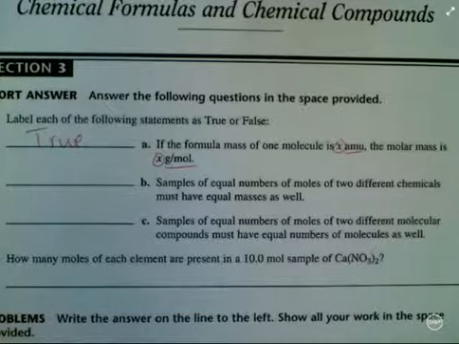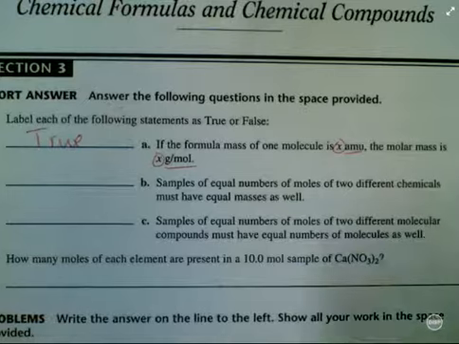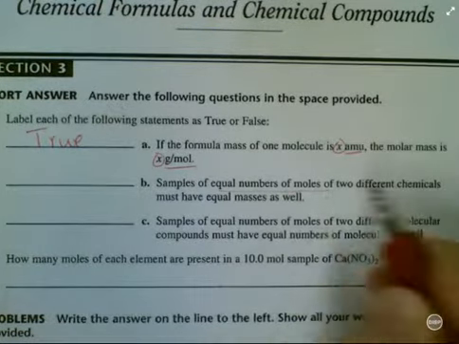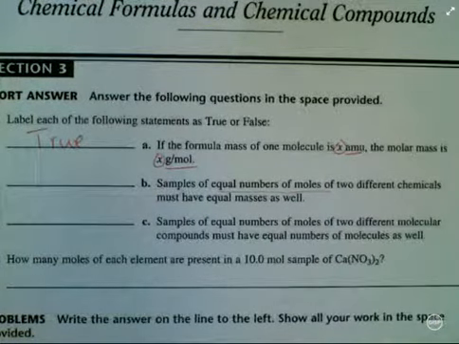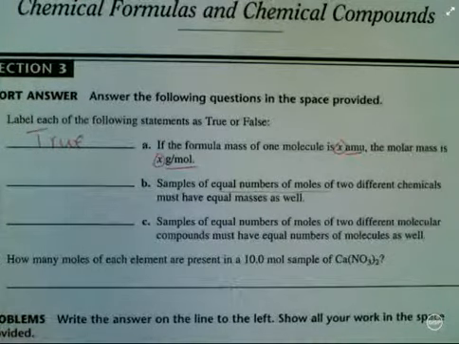B. Samples of equal numbers of moles of two different chemicals must have equal masses as well. So equal numbers of moles. So we're saying we have the exact same number of molecules of each of these two chemicals. The exact same amount of these two chemicals.